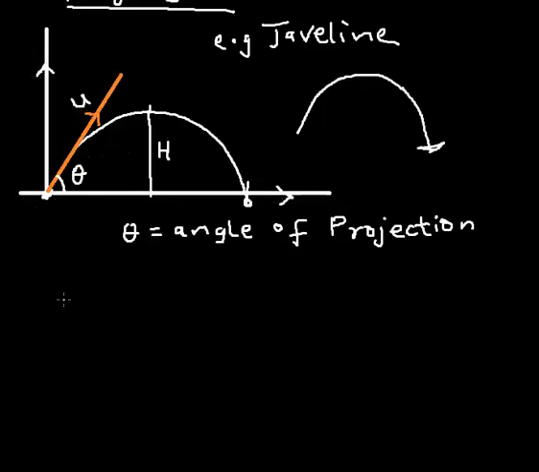All right, so we're going to look at the components of the initial velocity u. Let's start with the vertical component.